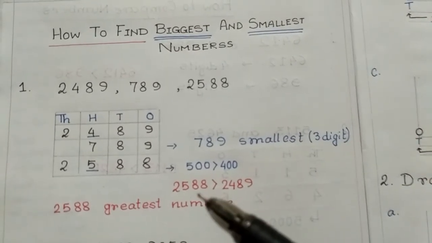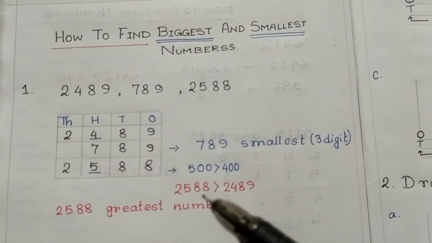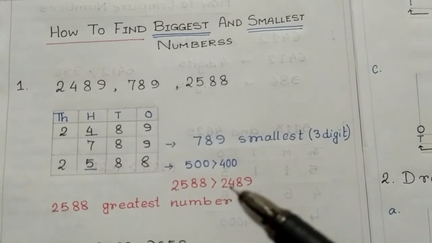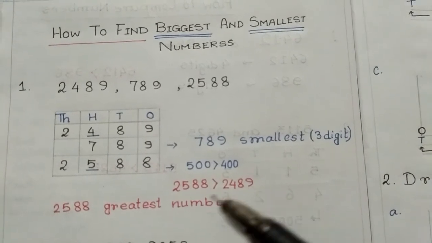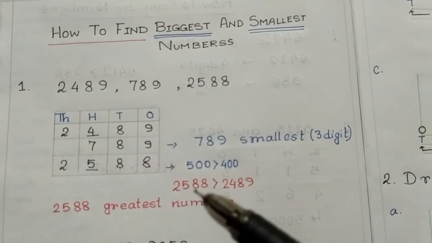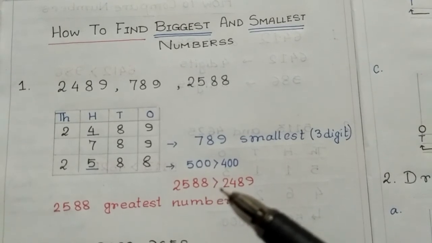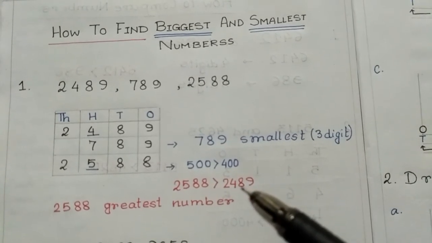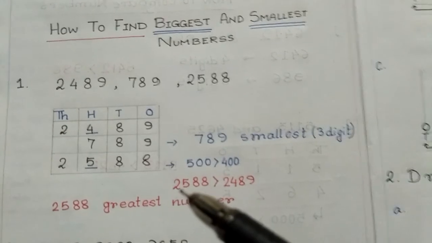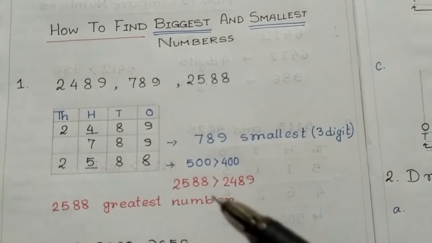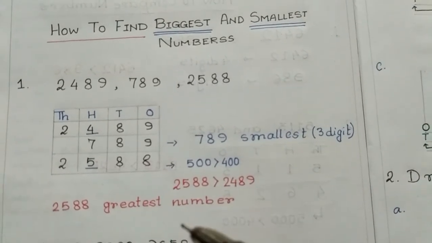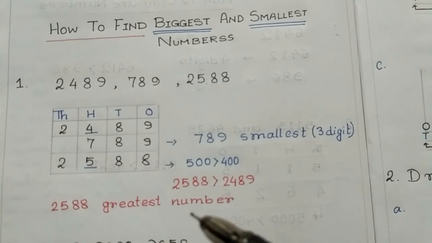The number which has 500 will be greater than the number which has 400. So 2588 is greater than 2489. So 2588 is the greatest number among all these three numbers.